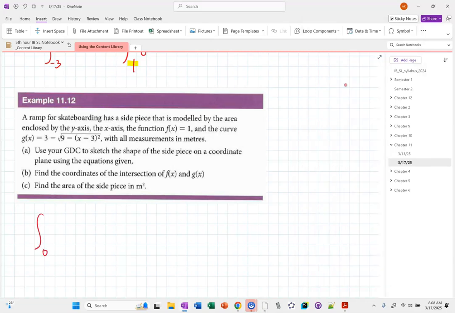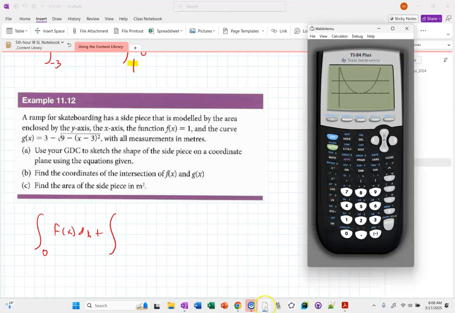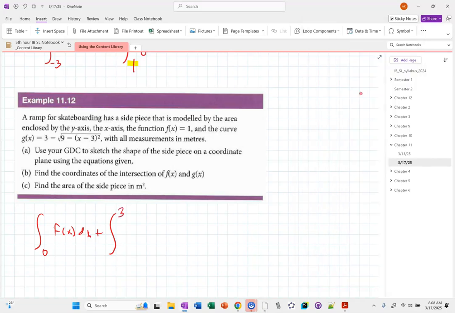So from 0 to something, it's just f of x dx plus something to, what was it? I guess I didn't look at what that was. Looks like 3 in g of x dx. We just need to find what that something is.